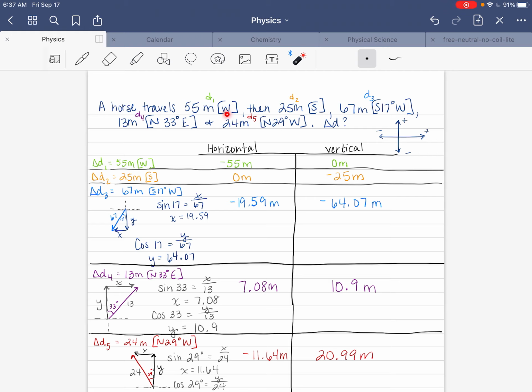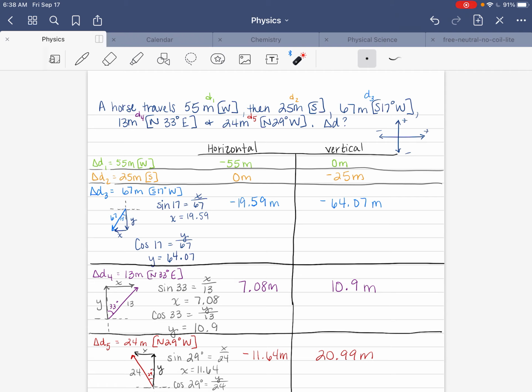So to start, I took my first vector, which was 55 meters west. Since it's just west, it's not going to have a vertical aspect, so I put 0. But the displacement for the horizontal would be 55, and it would be negative because it's west.